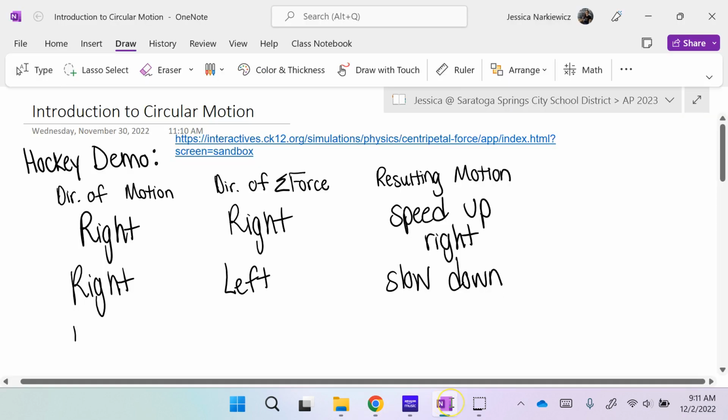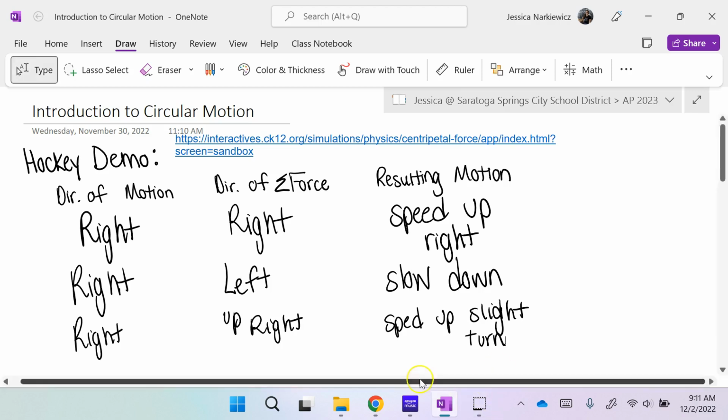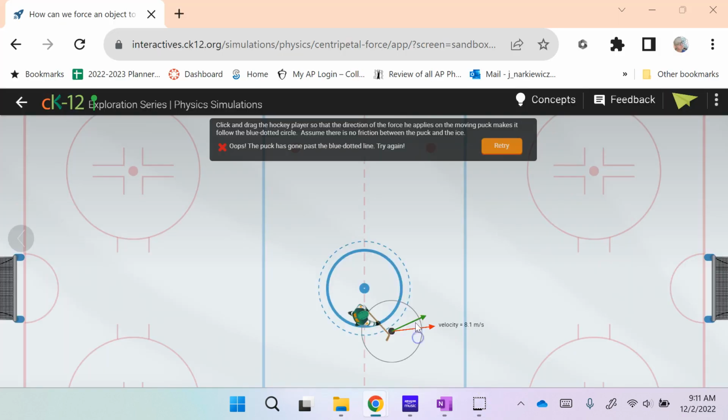So it's going to the right, and my direction of the net force was kind of up and right, and I sped up and I had a slight turn, slight direction change.